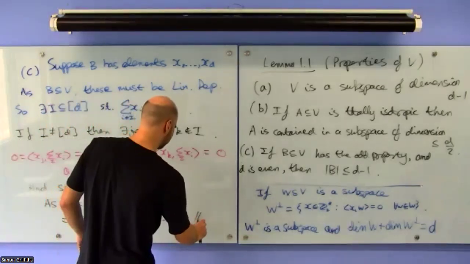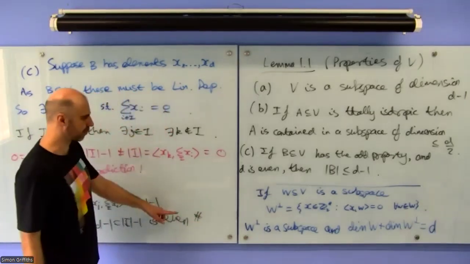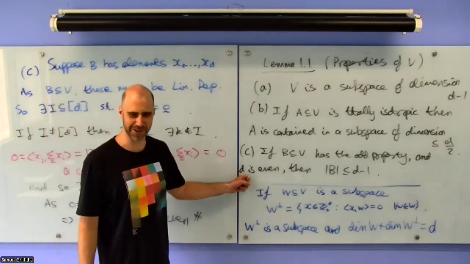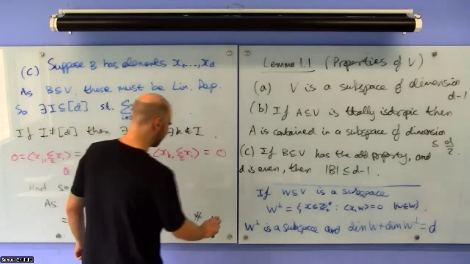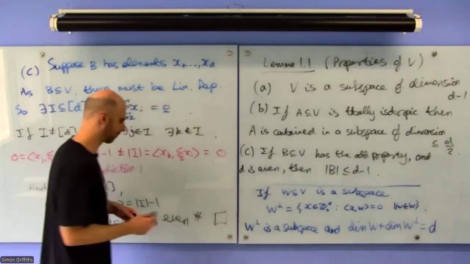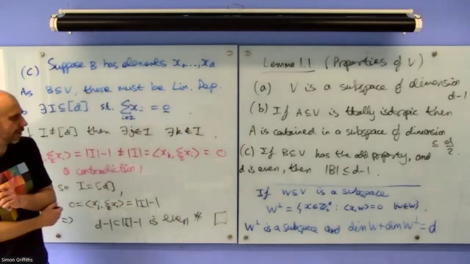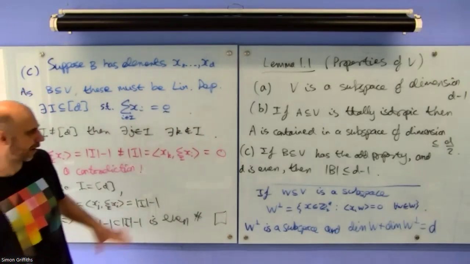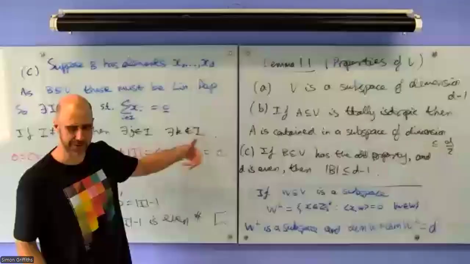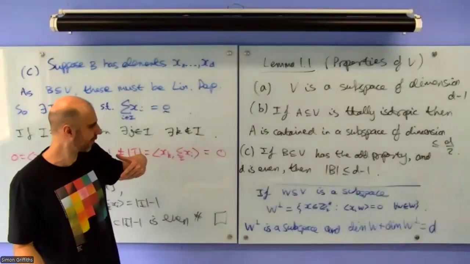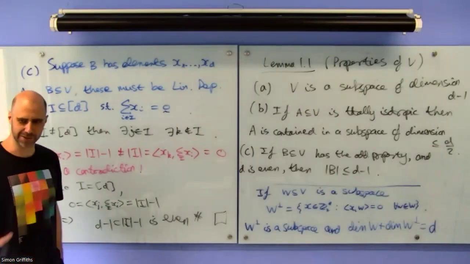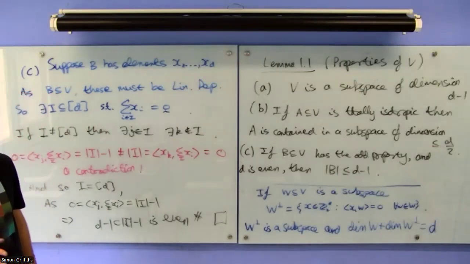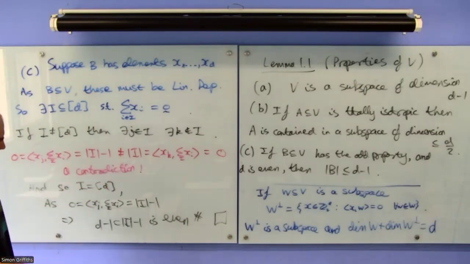That again is a contradiction because we remembered to put the condition that D is even in our statements. Very good. So there will be very important statements when we come to do the Ramsey stuff. C in particular will be related to the size of a clique you can find in a certain color. So this will be very important.